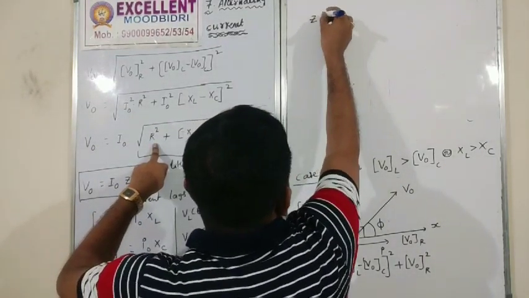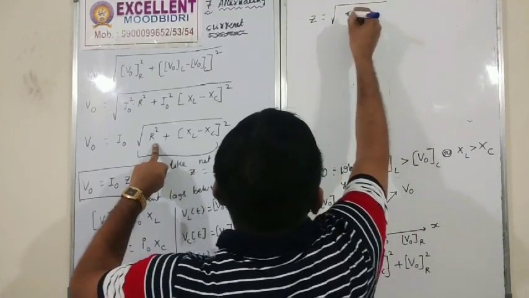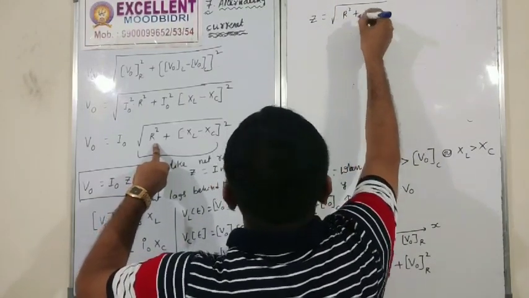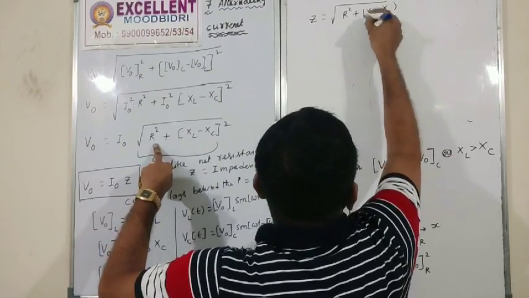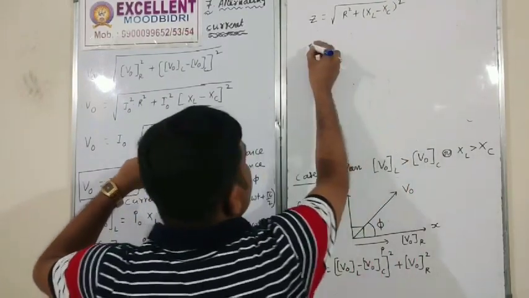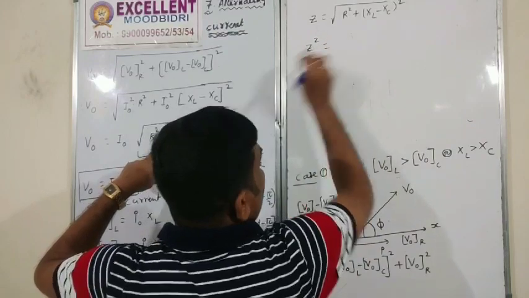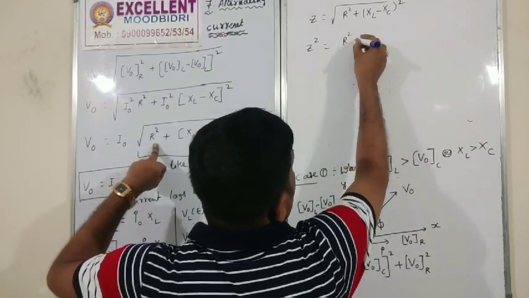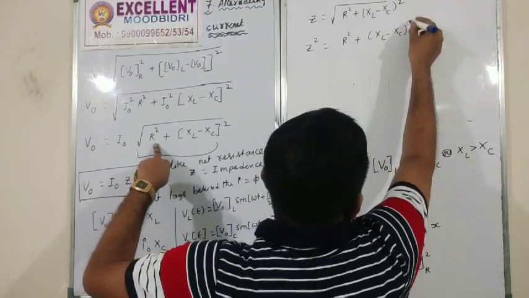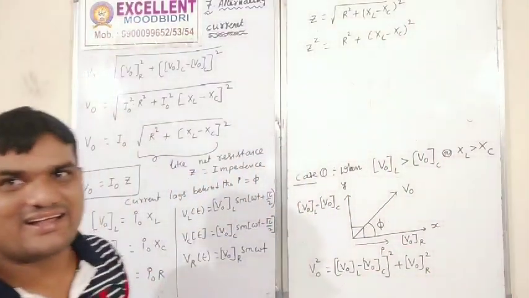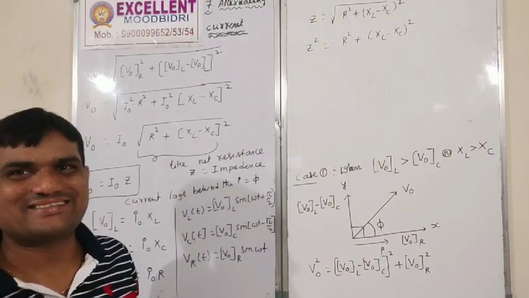Z is equal to root over R square plus (XL minus XC) whole square. So Z square is equal to R square plus (XL minus XC) square. Correct? It is a resultant vector only, right?